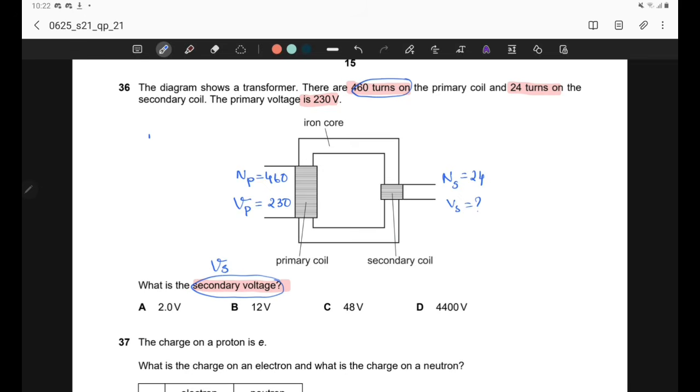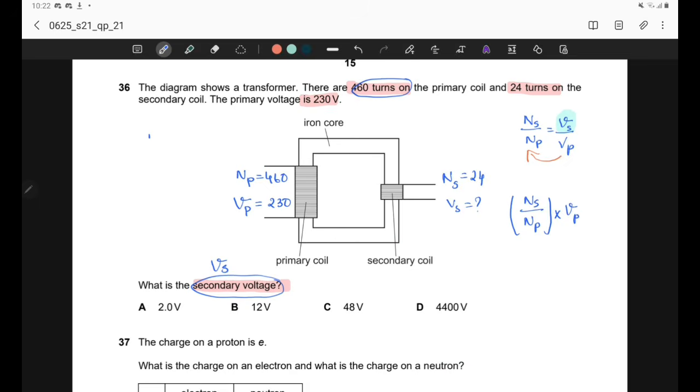Here we can use the equation of transformer, that is Ns over Np is equal to Vs over Vp. In order to calculate the voltage at secondary, we can rearrange the equation. For that, we can take Vp to the left hand side of the equation. We can rewrite the equation: Ns over Np, times Vp.